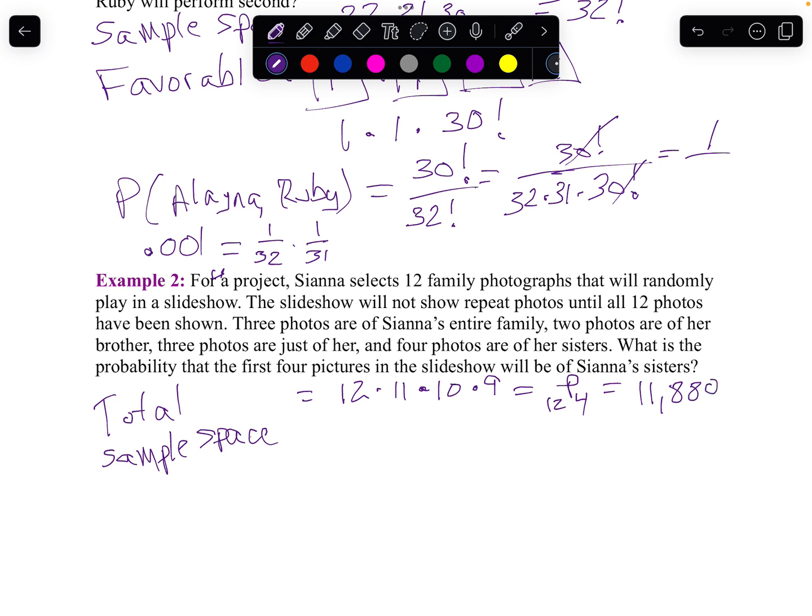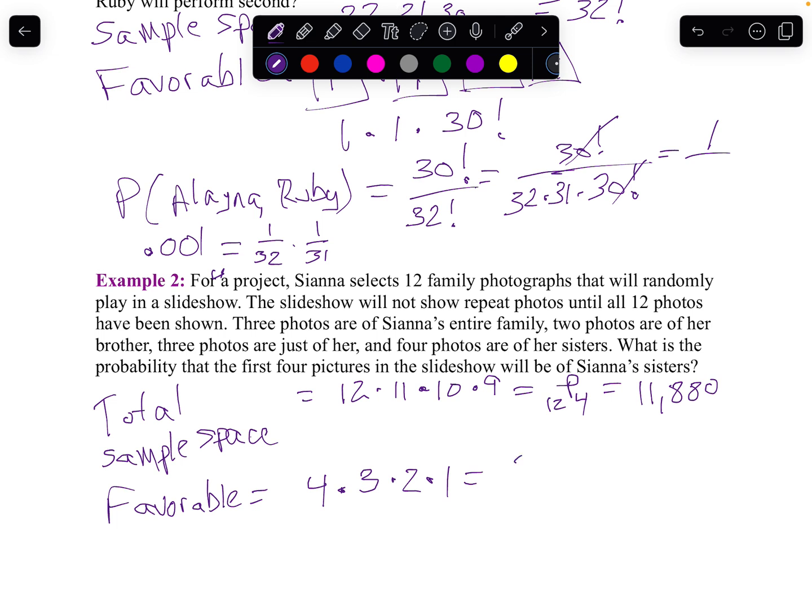Now my favorable outcome says I could have 4 of the sisters. There's 4 photos of the sisters. My second slot, three photos of the sisters, then 2, then 1. So that's going to be 24.